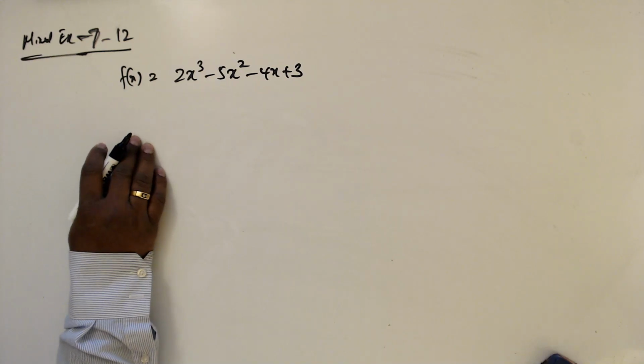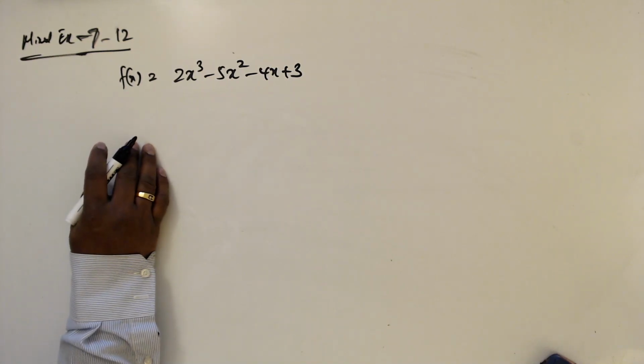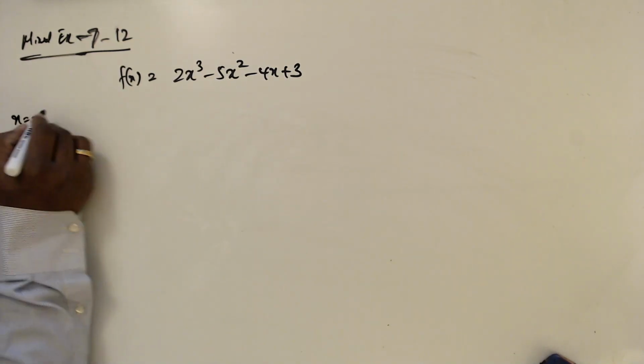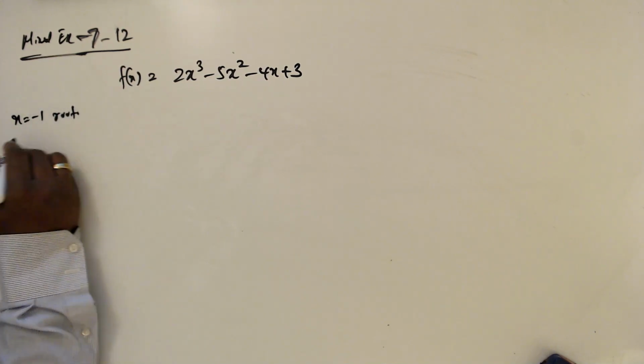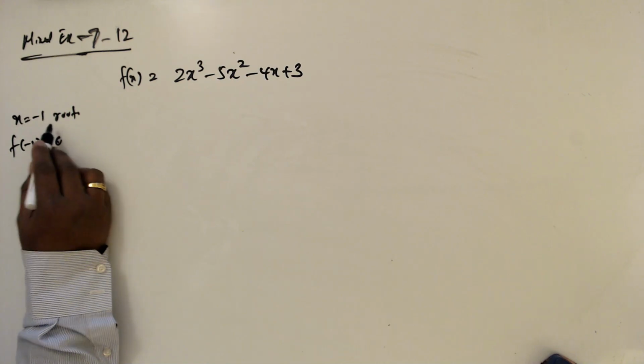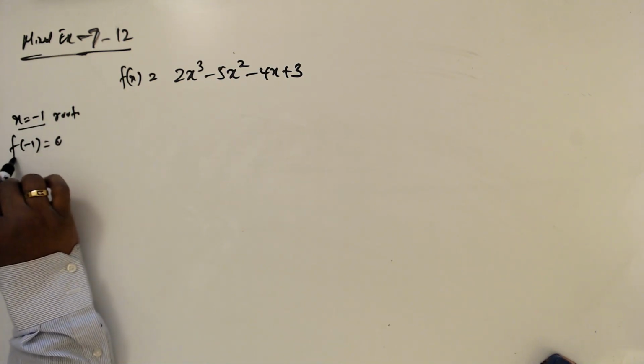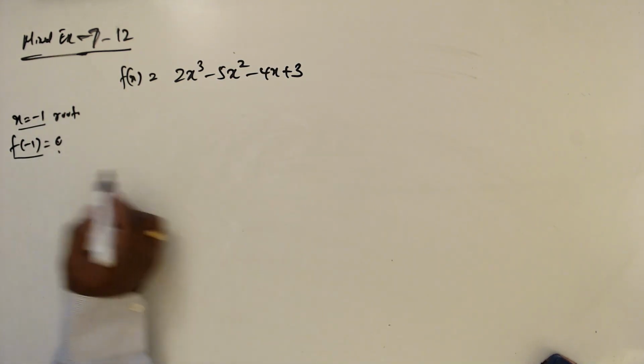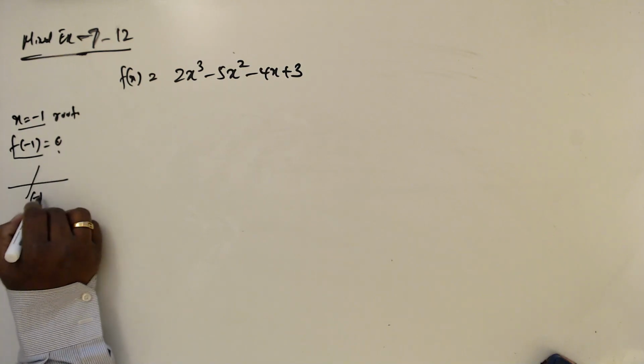Question number 12. Given that x equals minus 1 is a root, then f(minus 1) has to be 0. The x value is minus 1, so its y value has to be 0.